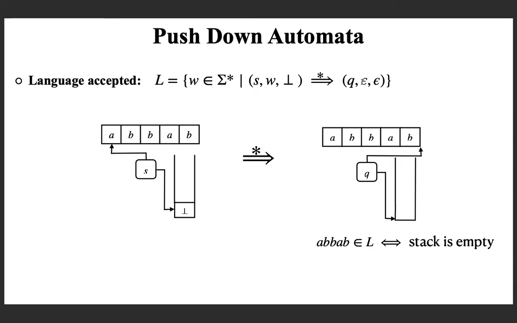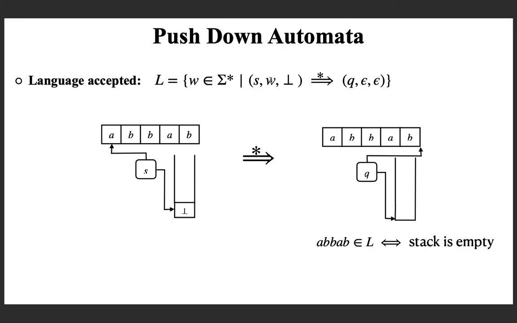If you remember, the middle component of the triple defining a configuration is the remaining part of the input to be processed. Epsilon means the input is completely processed, and the content of the stack is empty. That is, when you finish reading your input, if the stack is empty, then the given input is said to be accepted, and that's the acceptance for a push down automaton.